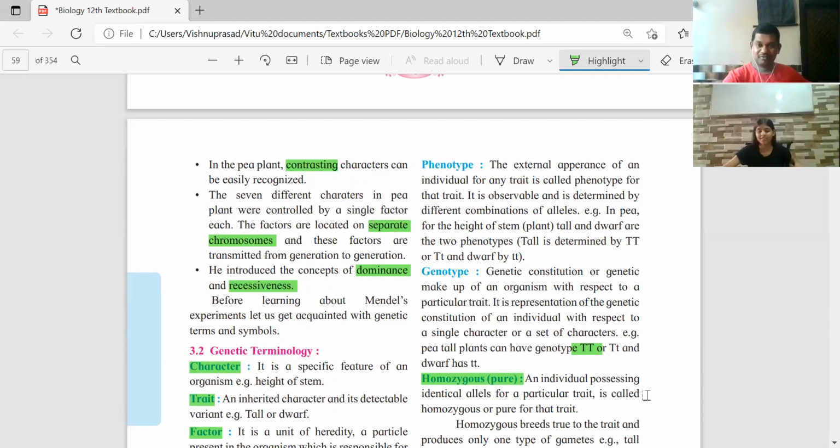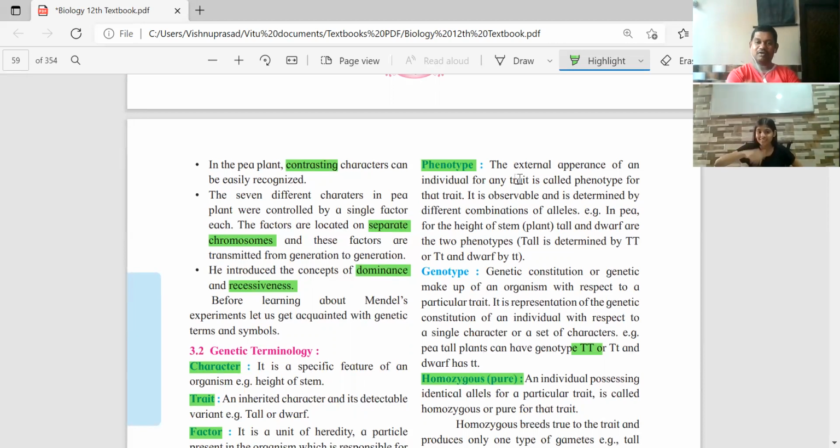Tall. So that expressed character is called phenotype. For any particular trait, the external appearance of that individual is called its phenotype.